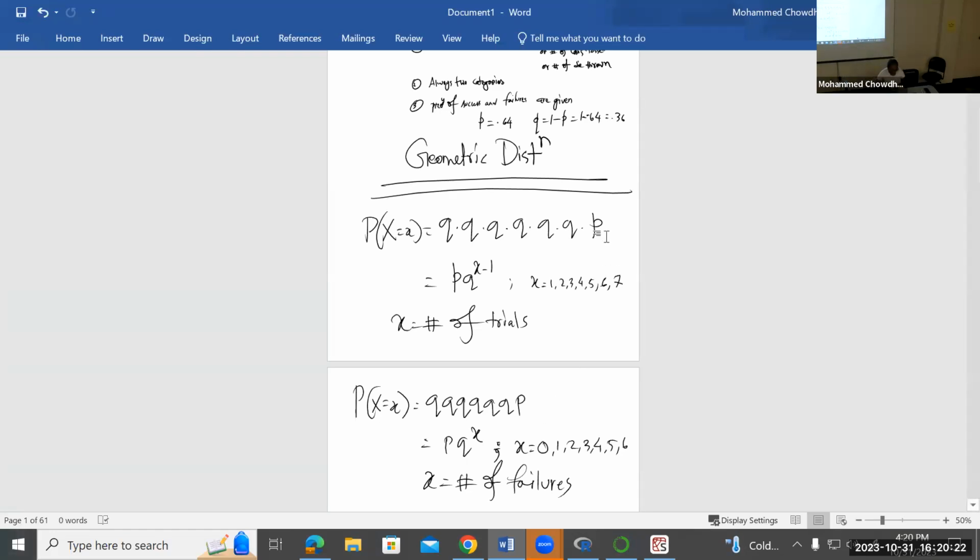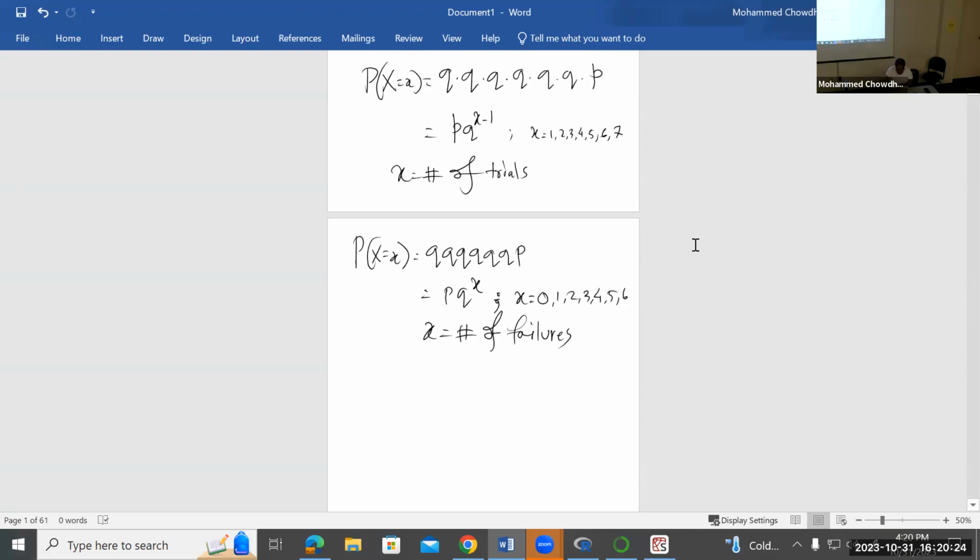That is what I'm going to discuss now. Mean equals 1 over P, and variance equals Q over P square.